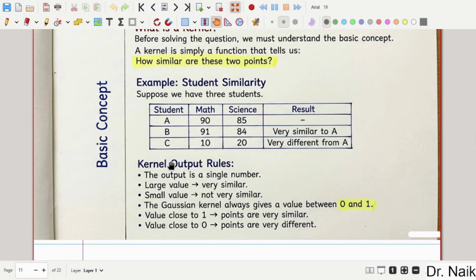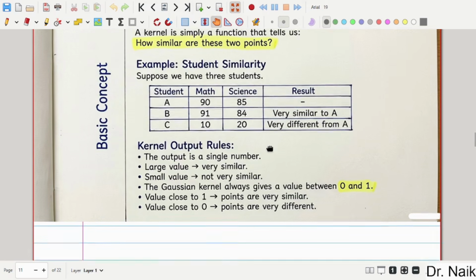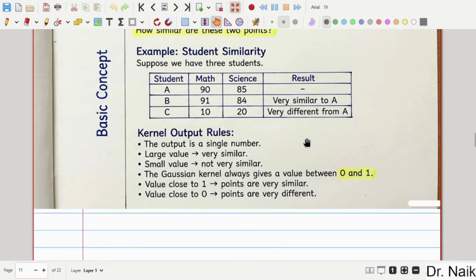C is very different from A. The kernel output is always a single number and it ranges between 0 and 1. A large value, a value close to 1, means the points are very similar. A smaller value, a value close to 0, means the points are different.